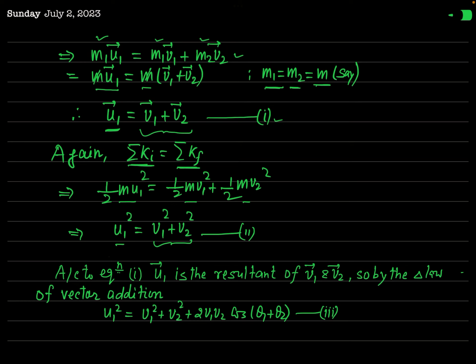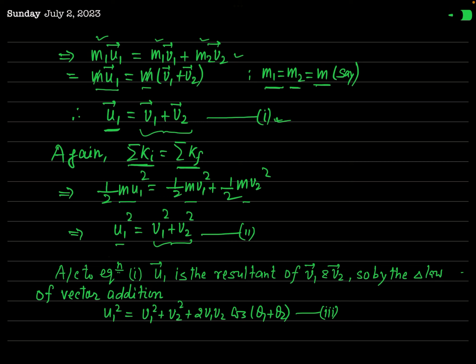Now, as I have told you earlier, see equation 1: u1 is just the vector sum of v1 and v2. It means u1 is the resultant of vectors v1 and v2.